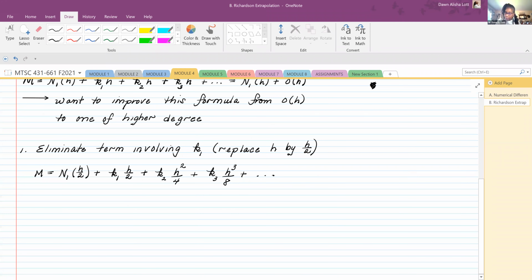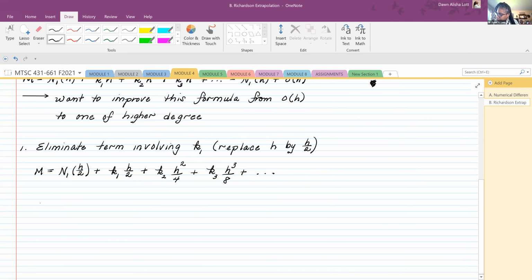So now M is equal to 2M minus M. Of course, I'm going to do 2 times the second one minus the first one.